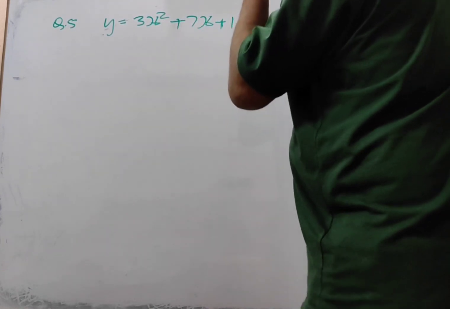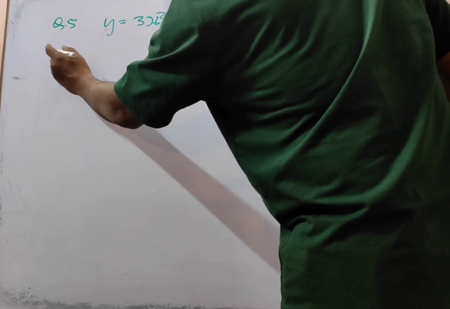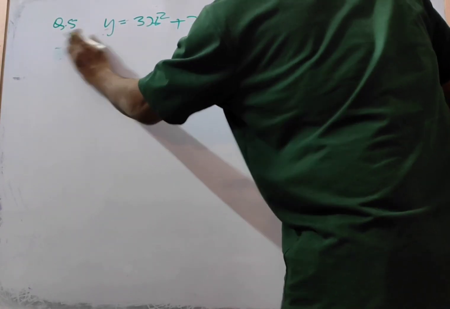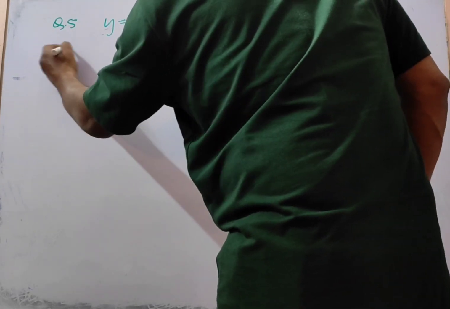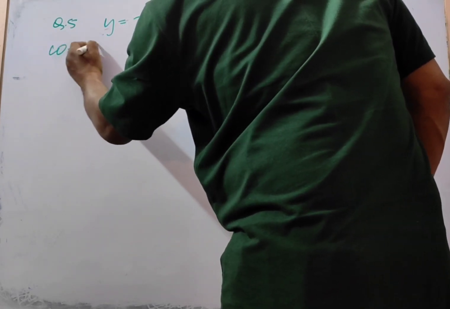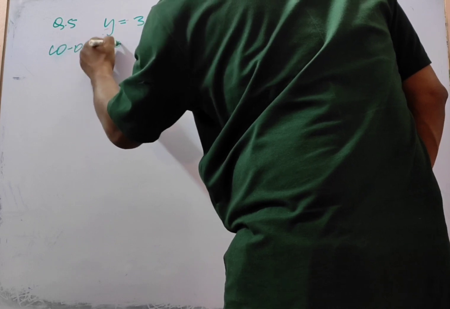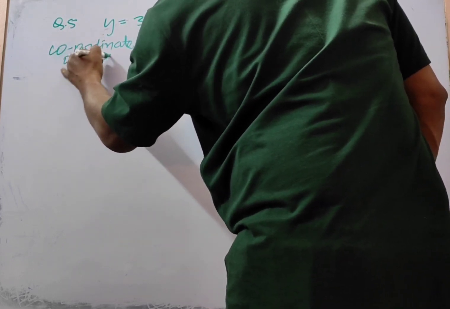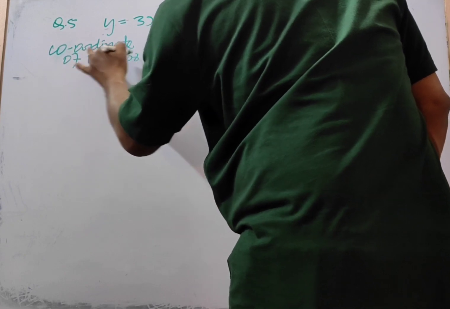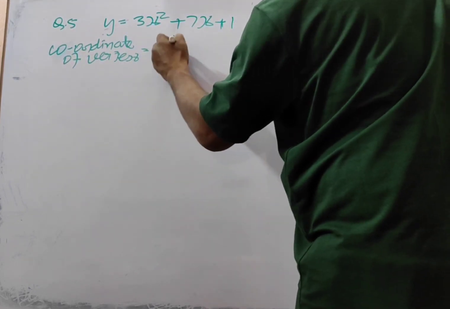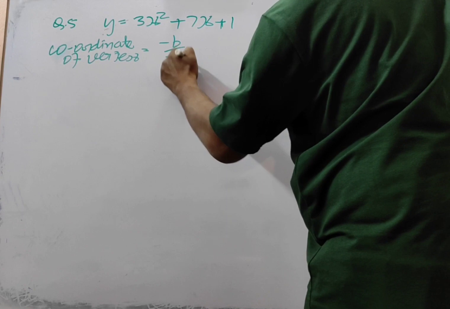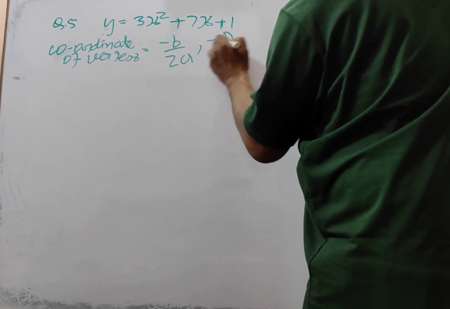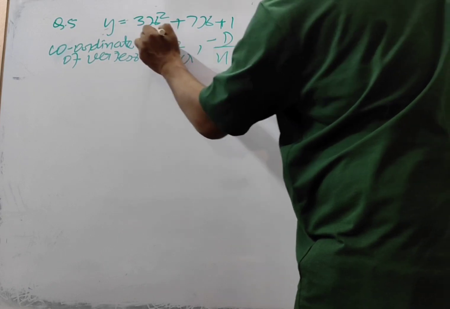As we know, coordinates of the vertex are minus b upon 2a and minus d upon 4a, right?